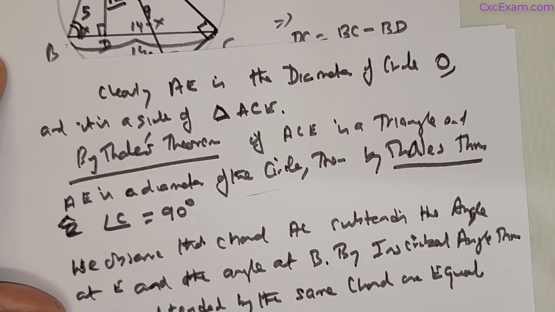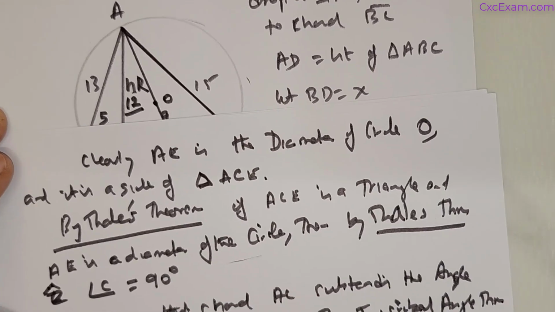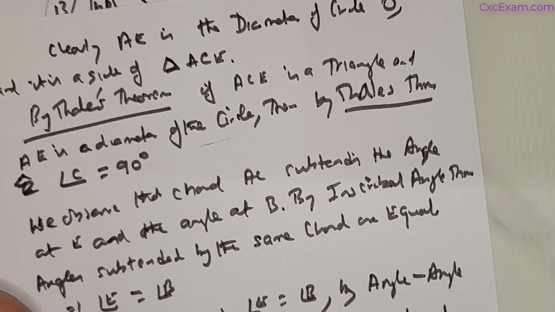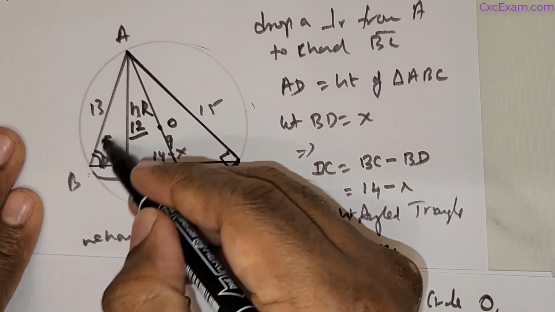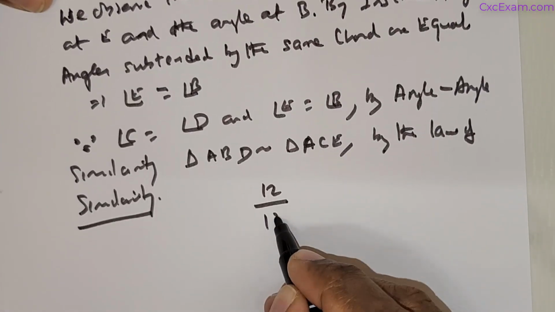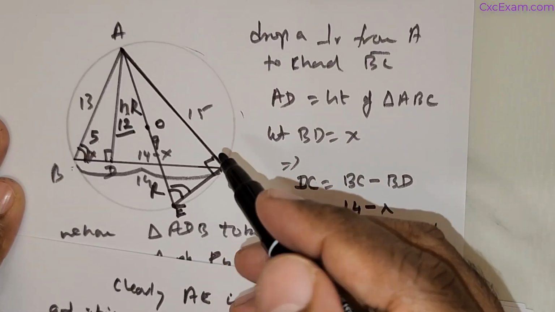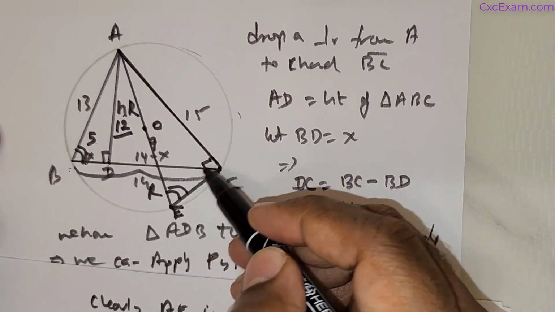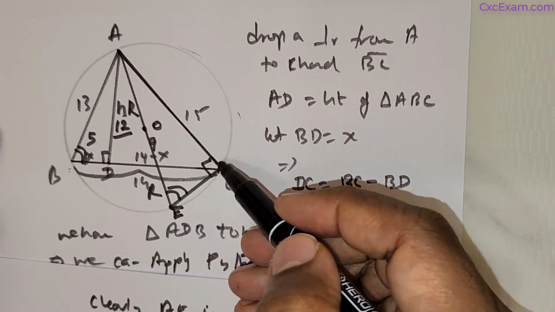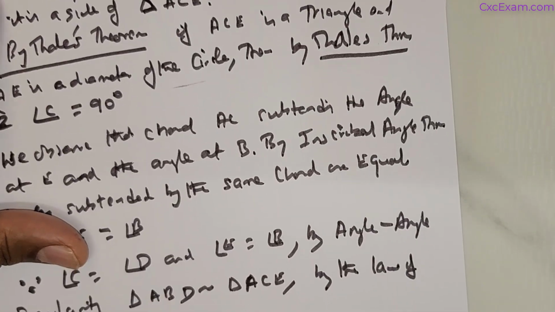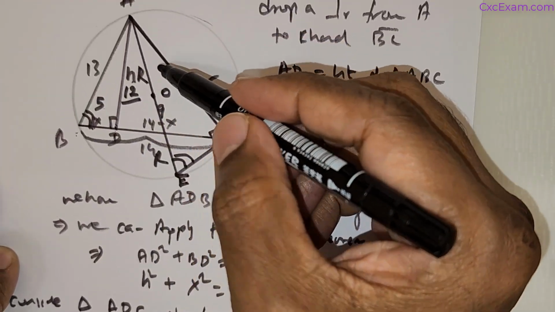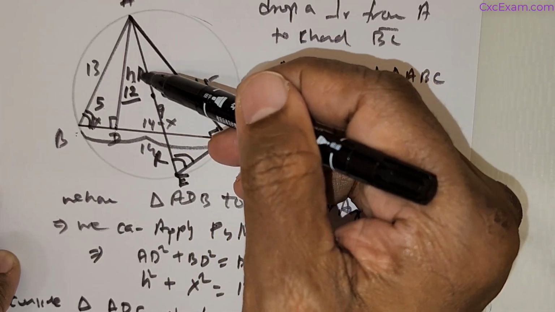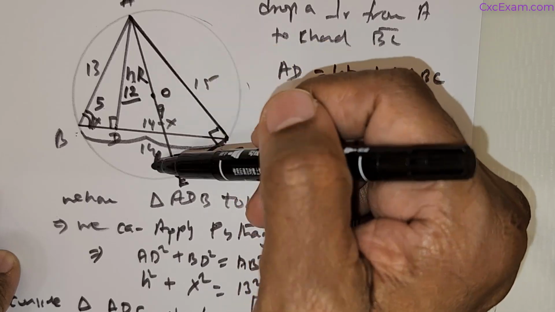So what I'm going to do, I'm going to connect the opposite side divided by the hypotenuse side is equal to the opposite side, which is 15, divided by the hypotenuse side. This distance is r, this distance is r.